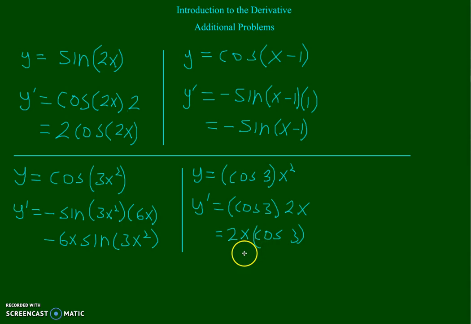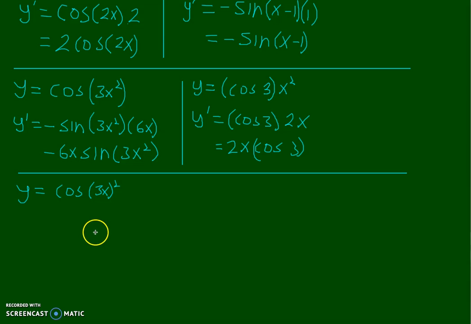Now let's look at something that's even closer. Now, when looking at this problem, you might be tempted to think this is saying cos squared of 3x, or cosine of 3x, the entire quantity squared. But just keep in mind your rules for parenthesization and exponents.